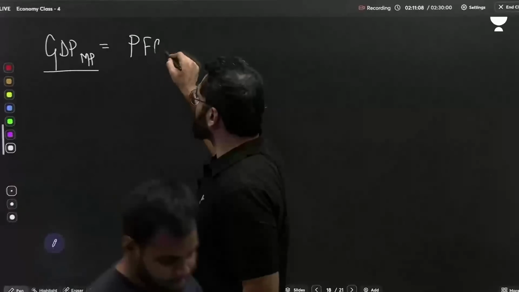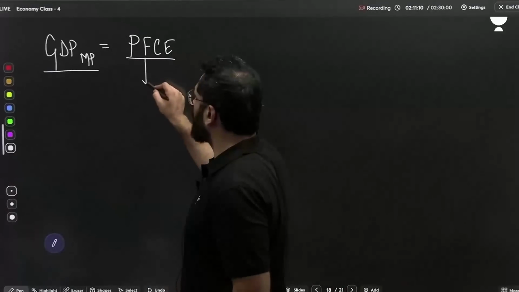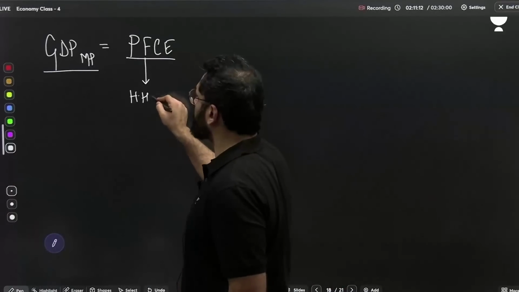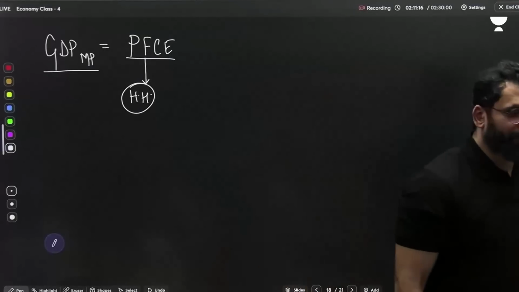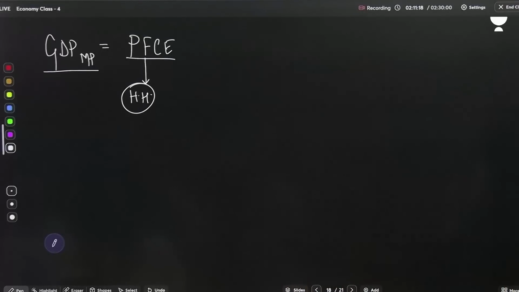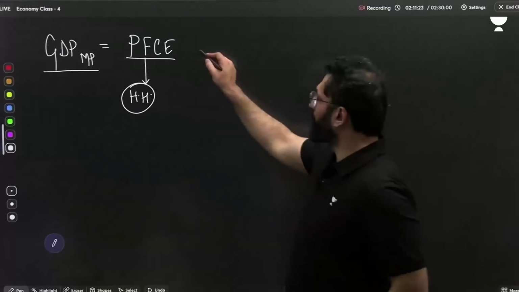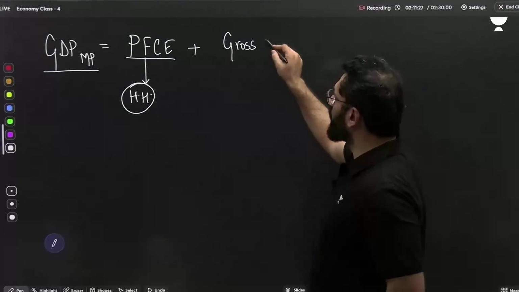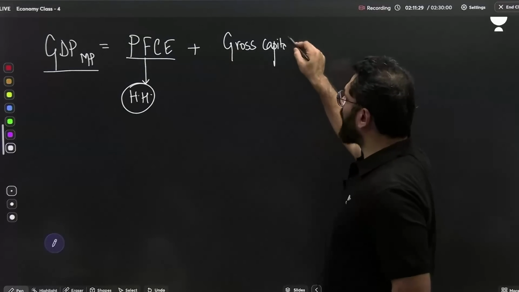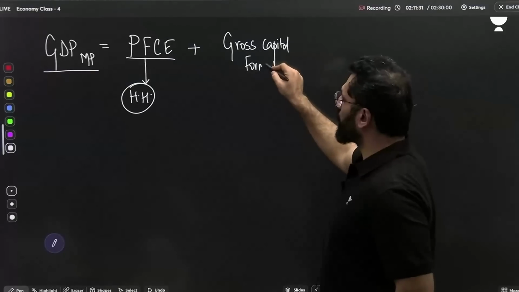Expenditure done by the households on consumer goods and services.